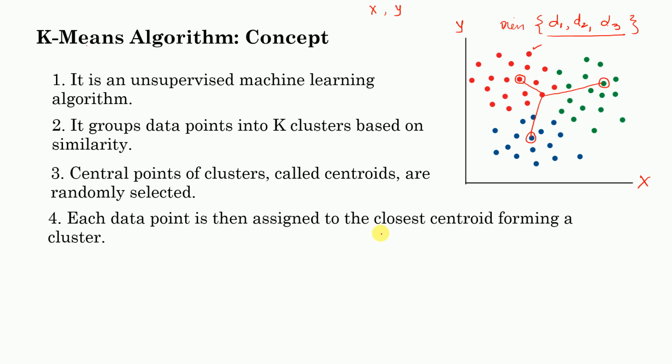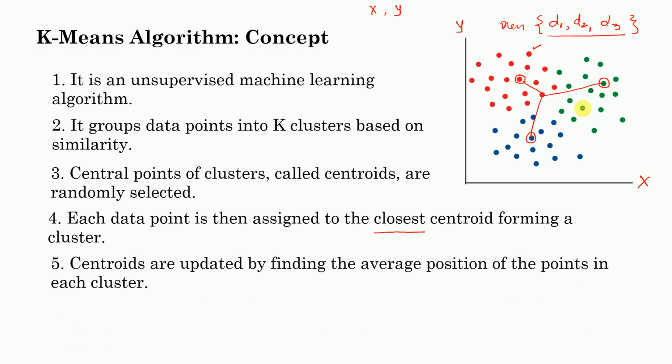It means, look at this word, closest centroid. So minimum distance, say for example this one, d1, is minimum. So this data point will be assigned cluster number 1. If d2 is minimum, then the data point will be assigned cluster number 2 and so on. So in this way, each data point will be assigned either cluster number 1 or 2 or 3.